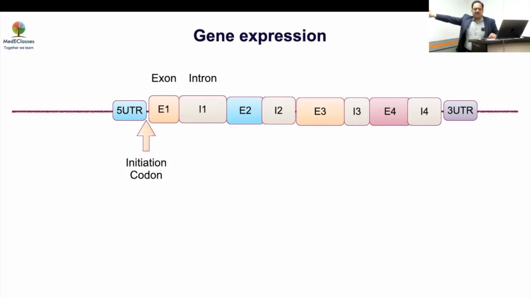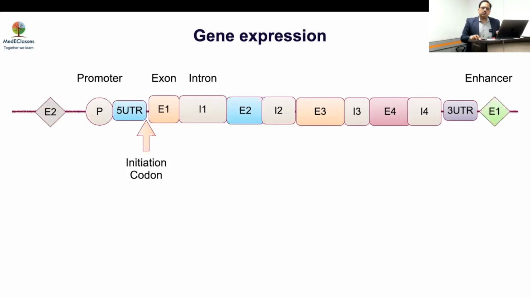So in a very simplistic manner, what you need to remember is that in the gene, there is an initiation codon at which you have the promoter which is acting, and this promoter is also enhanced by enhancers. So what's the difference between promoter and enhancer? Why am I talking like this? Because if you read any textbook, they will say this gene has so many promoters, so many enhancers.